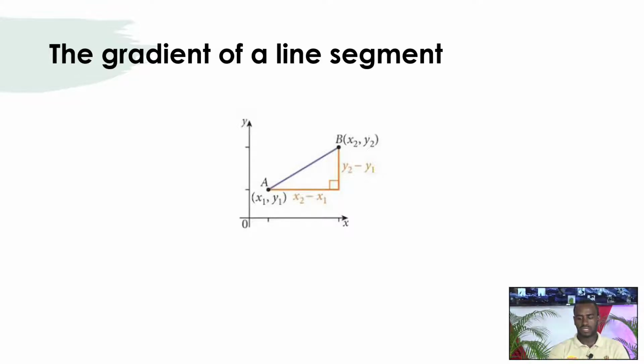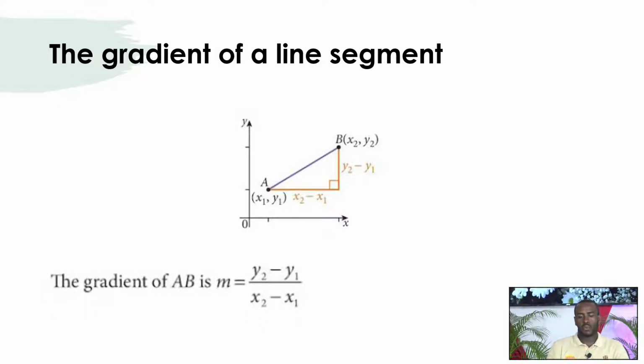In other words, the gradient will be m equal to y2 minus y1 over x2 minus x1. And this is how you find the gradient of a line segment.